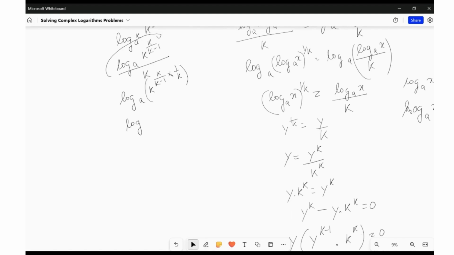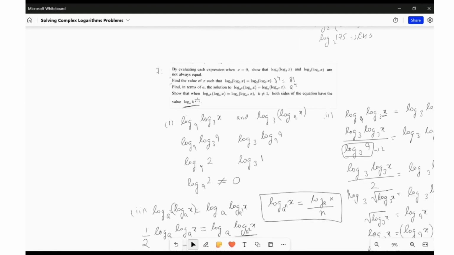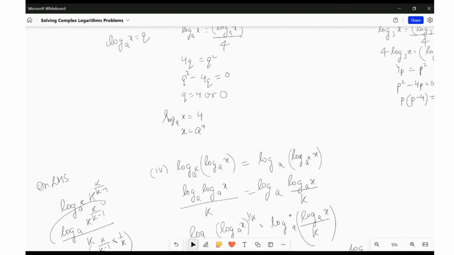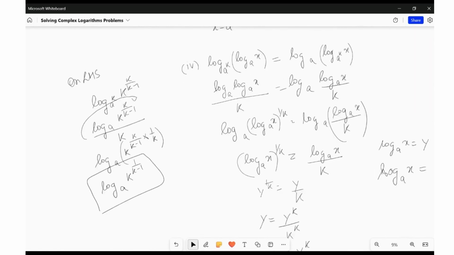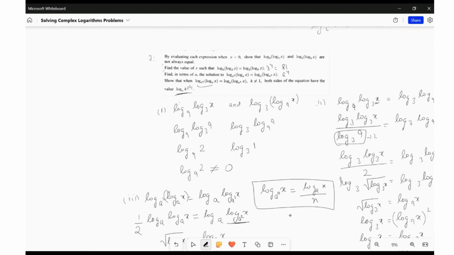Now log k raised to 1 by k minus 1 base a, and this is what we needed to show in the question here. So log k to the power 1 by k minus 1 whole base a. So here you can clearly see that on LHS we got this value, and since both the values are equal, it is given that when this is equal to this, then both sides of the equation have this value. Hence proved.